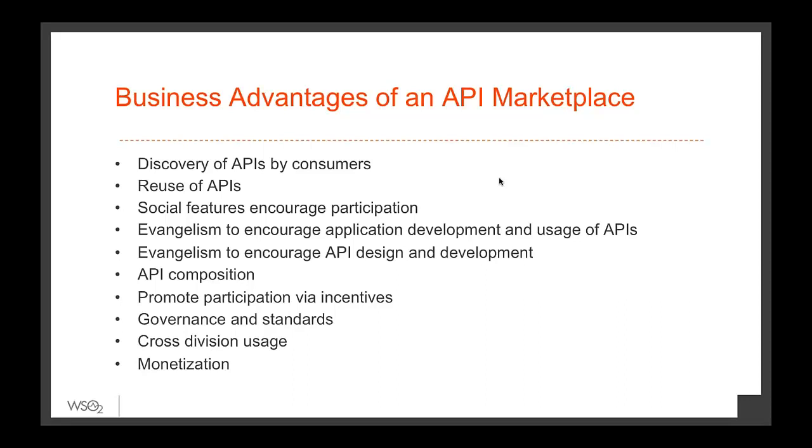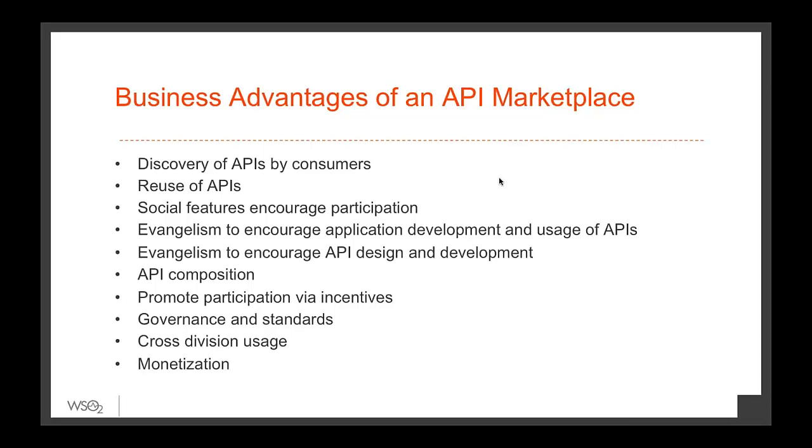So that needs to be built into the platform itself. Cross-division usage is another business advantage. So the focus here is you have a single marketplace, but you are able to access APIs from various divisions or various business units. So you promote cross-division usage. So you then go on to promote cross-division business models and track usage, so on and so forth.